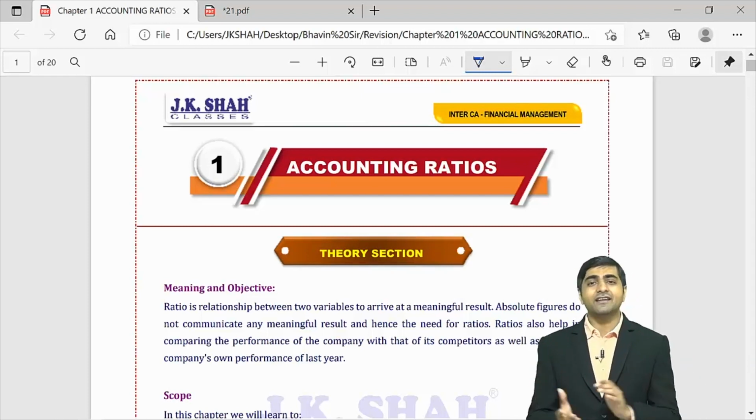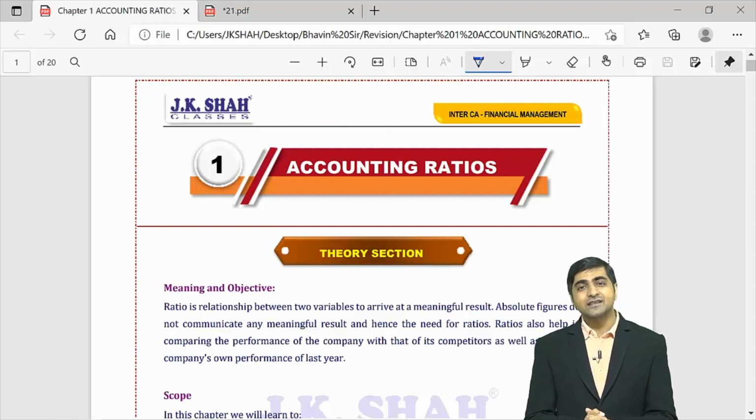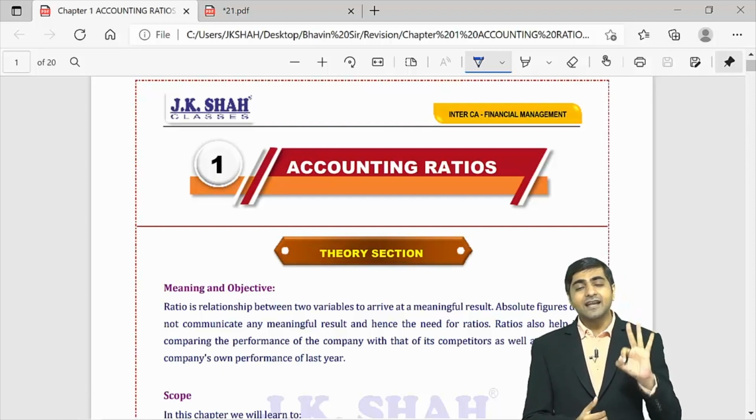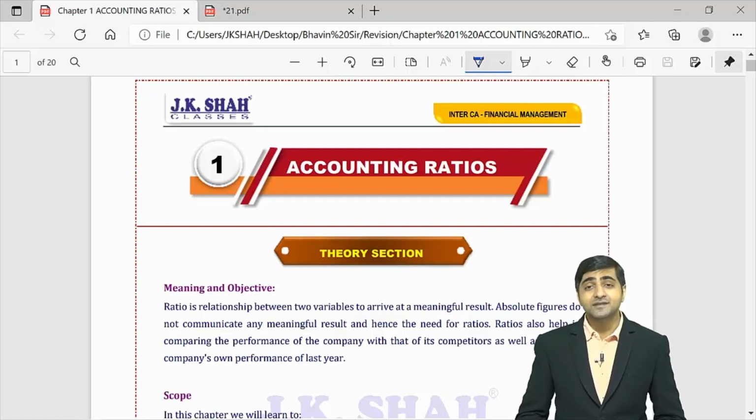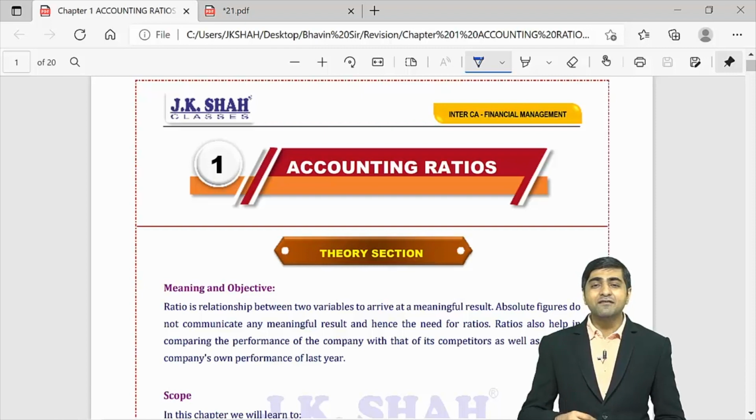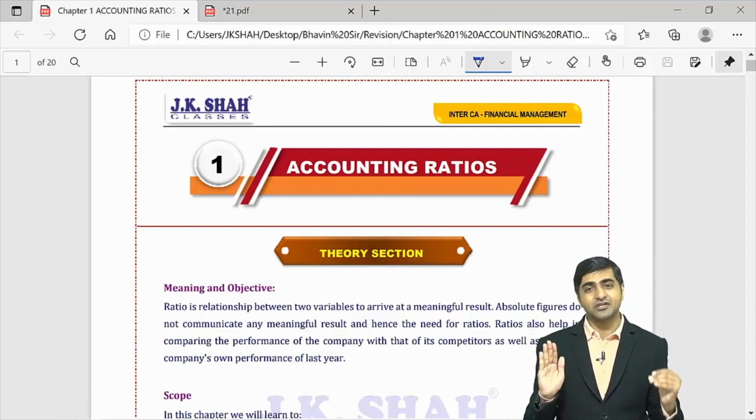So as you all are aware, in accounting ratios, there are 3 types of questions which are possible. The first type of question is what? That they will give you financial statements and we have to calculate the ratios.